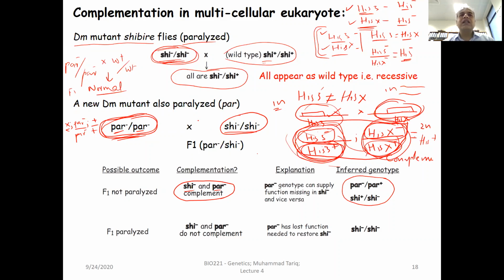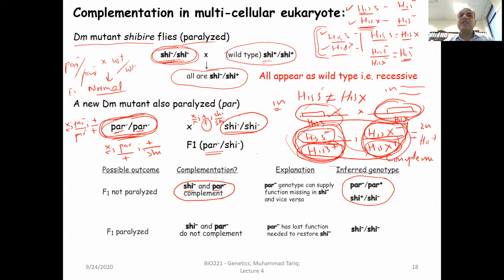Here, imagine we have a female XX. On the second chromosome, there is no mutation. And on the third, we have Shibere, homozygous recessive. In F1, I'm oversimplifying for you: paralyzed over plus, because the wild type chromosome is coming from this side, and here plus over Shibere.